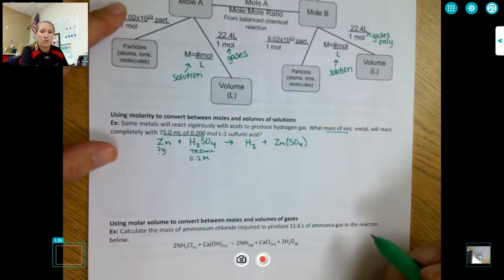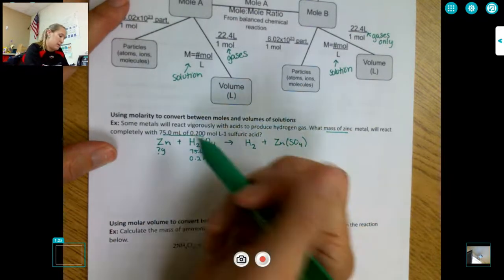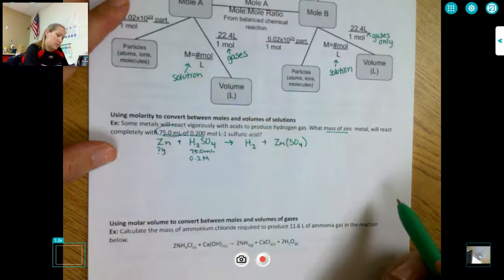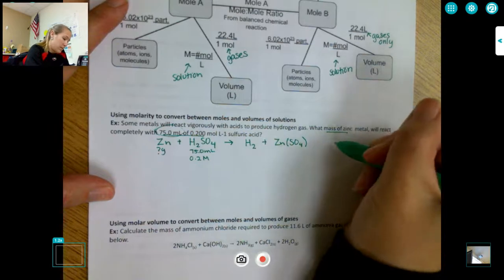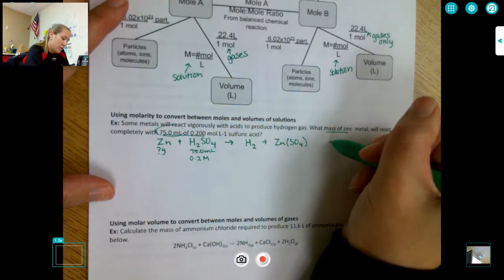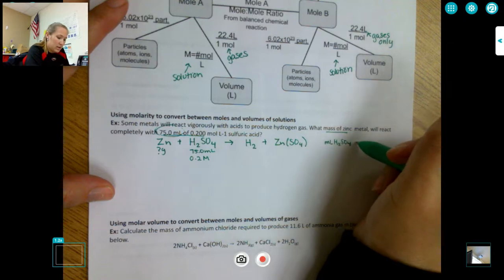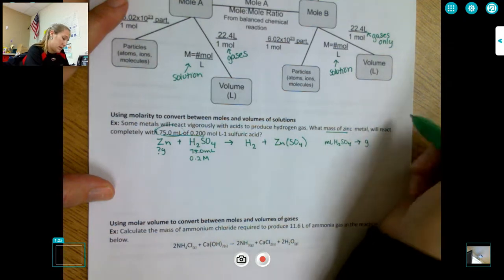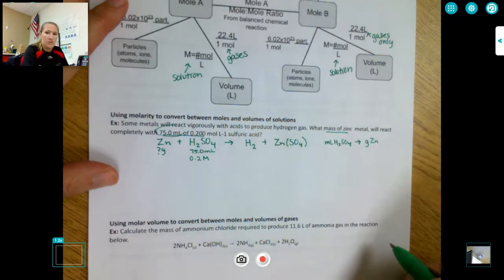I always start with a measured quantity that I'm given, which is my 75 milliliters of sulfuric acid. So I want to go from my milliliters of sulfuric acid to grams of zinc, which I'm trying to find.